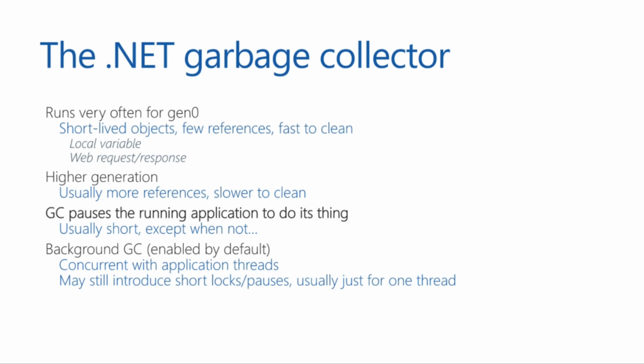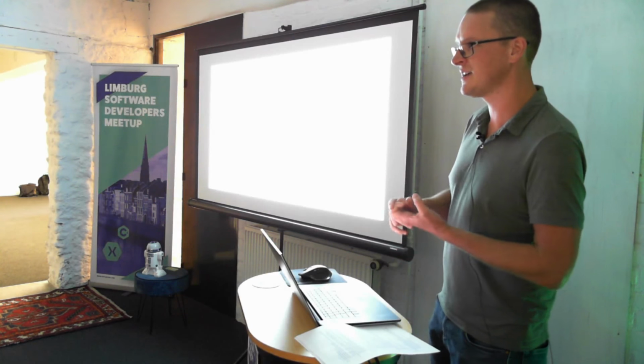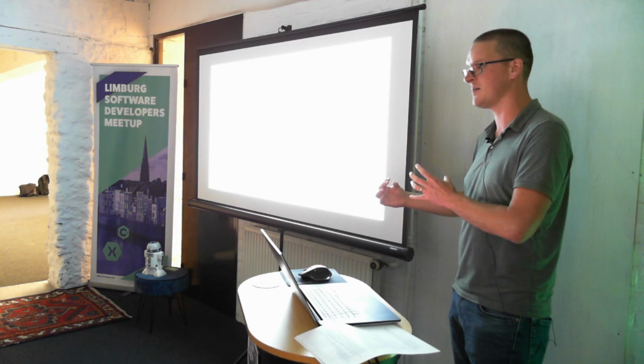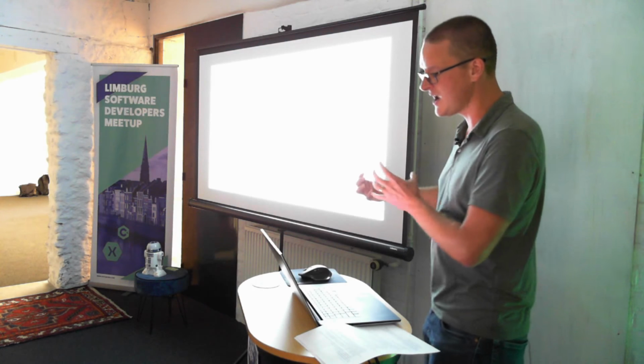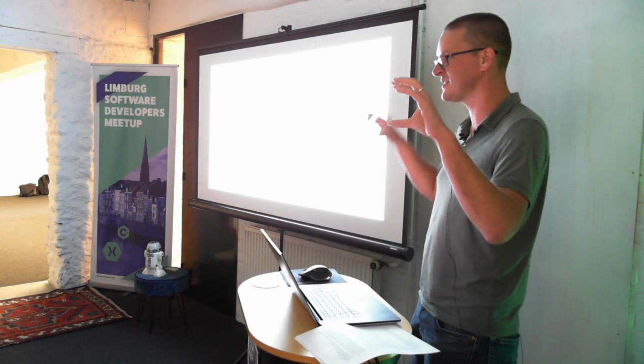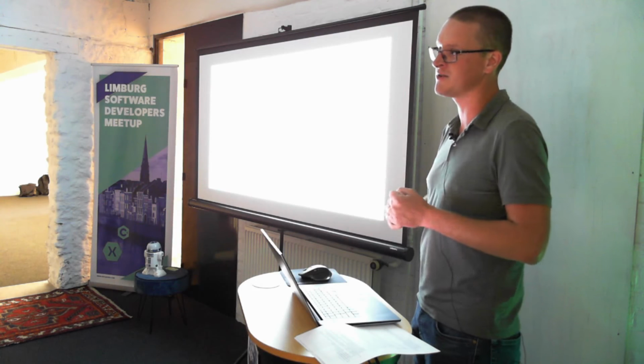Although there is asynchronous collection, there's background garbage collection, which is enabled by default nowadays in .NET, and it will basically spin up an additional thread or a couple of additional threads if you have multi-core applications. And it will run concurrently with your application. It will pause just one thread, and then this garbage collector thread will collect everything that thread is holding on to.